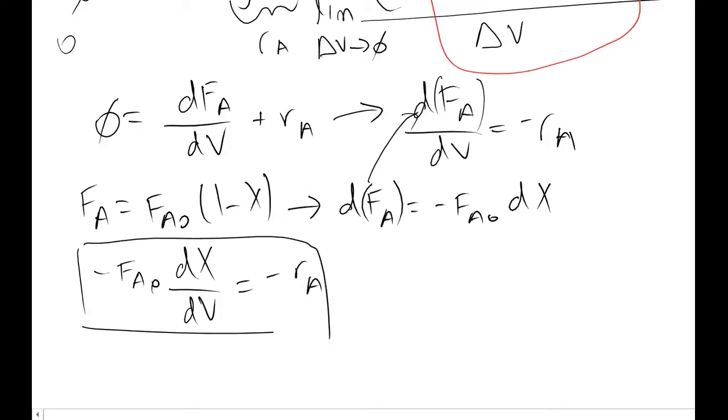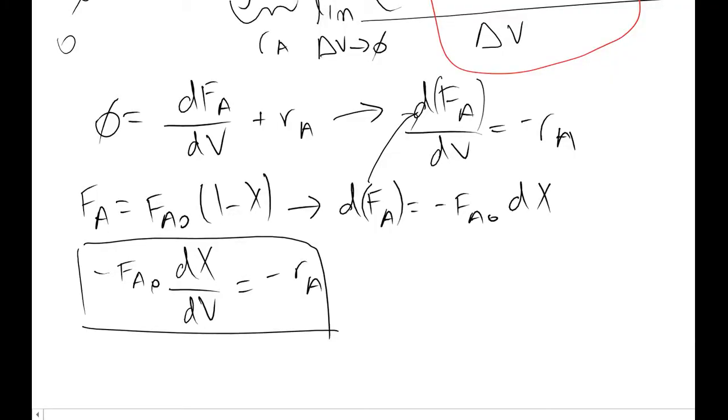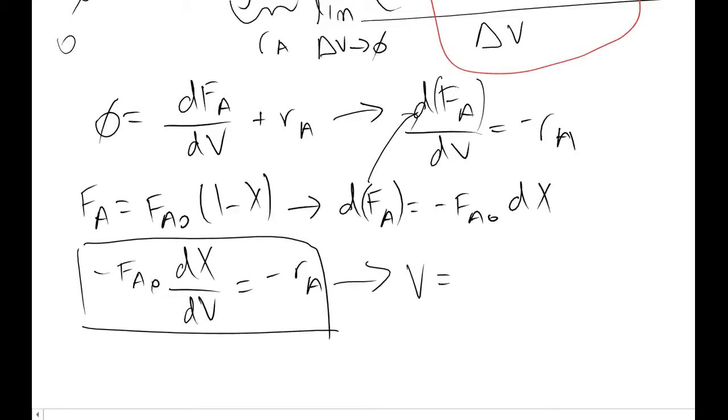This is a good place to be able to get to because it tells us the relationship between desired conversion X, the required volume of your reactor V, your inlet flow rate, and your rate of reaction. And so what we can do is integrate this with respect to V, and we find that the required volume of your reactor is equal to FA naught times the integral from X in to X out, so your inlet conversion to your outlet conversion, of dX divided by minus RA.